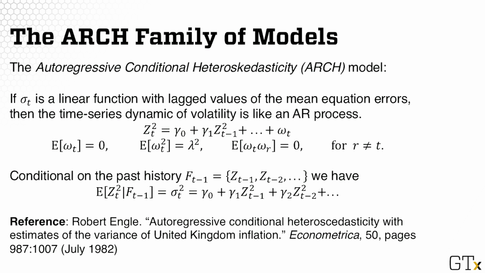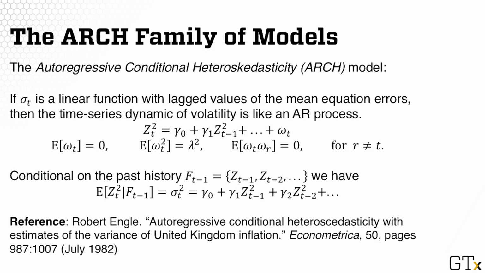The ARCH family of models assume that the volatility, or sigma_t squared, is a linear function of lagged values of the mean equation errors Z_t. Thus, the time series dynamic of volatility is like an AR process. Specifically, the squared errors Z_t are modeled using an AR process where gamma_0, gamma_1, and so on are the error coefficients and omega_t is the error, assumed to be uncorrelated with mean 0 and variance lambda squared.